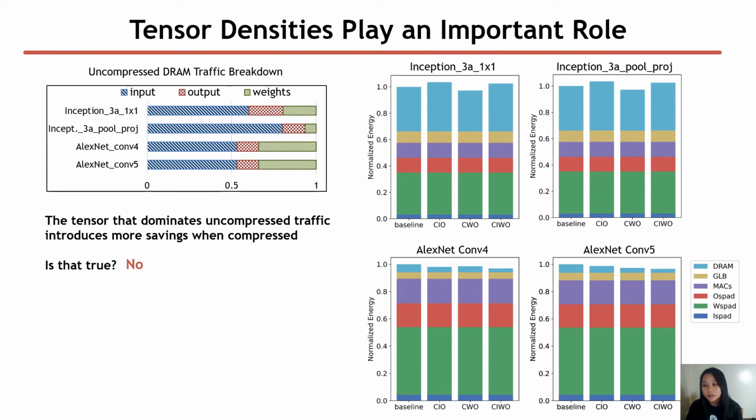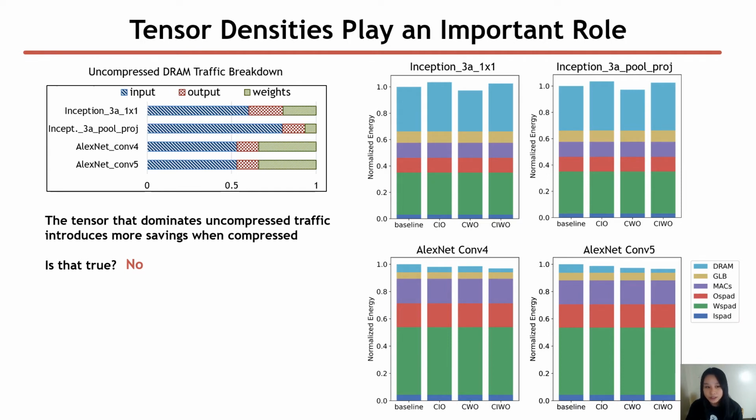However, when you look at the analysis of the inception 3A pool projection layer, when we apply CIO, which is compressing inputs and outputs, compared to compressing weights and outputs, which is CWO, we're actually spending more energy. And this energy is even more than baseline.